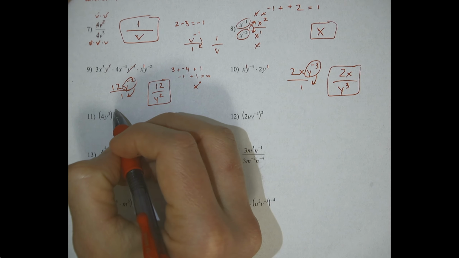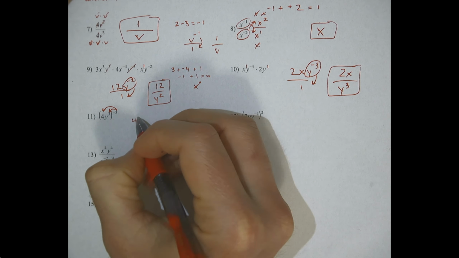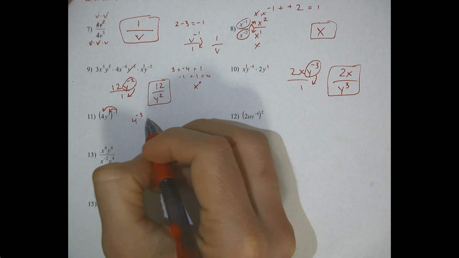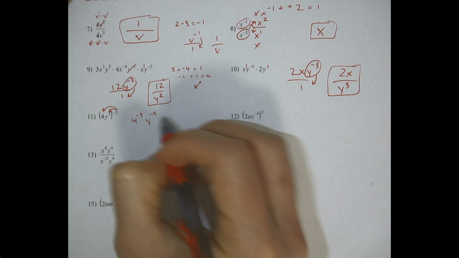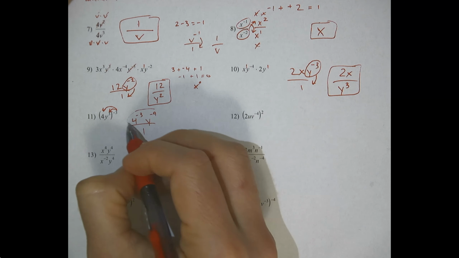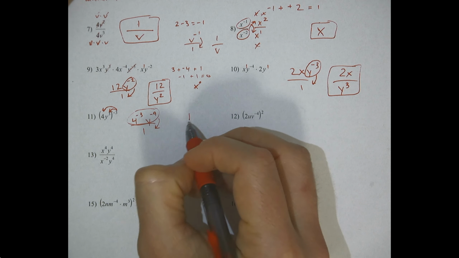Number 11, now we have parentheses, and so everything inside the parentheses will receive the exponent. So it's going to be 4 to the negative third, and power to a power you multiply. So this is y to the negative ninth. Now since both of these are negative, they both need to go to the bottom, meaning nothing's left up top, so we need a placeholder of 1.